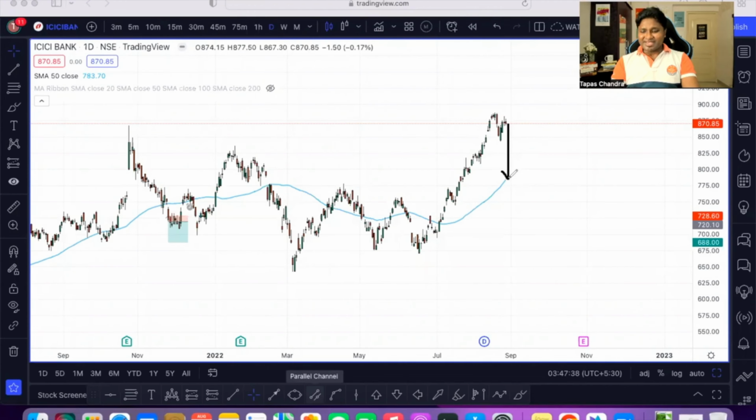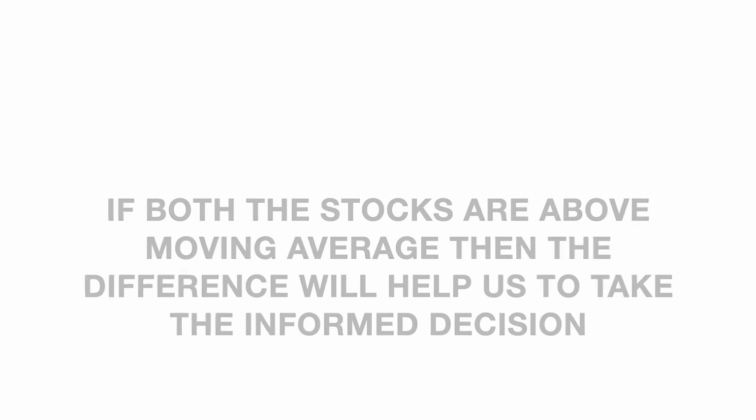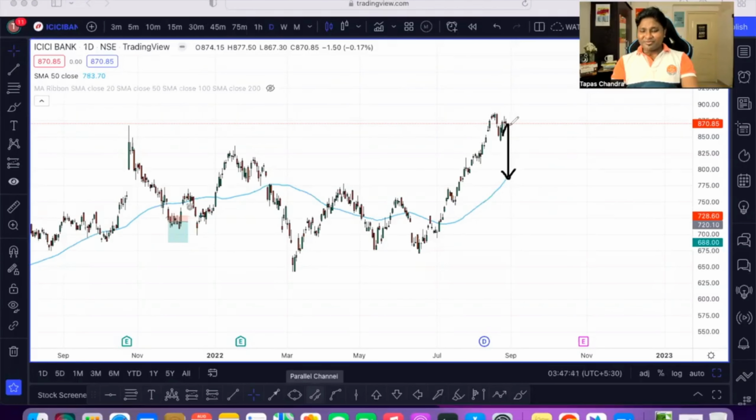If you see here, ICICI Bank is very much above the moving average as compared to HDFC Bank. What does that mean? We should prefer ICICI Bank because it is further from the moving average than HDFC Bank. This is how to use relative strength to find out which one is better, in case of choice, when we have a problem of plenty.